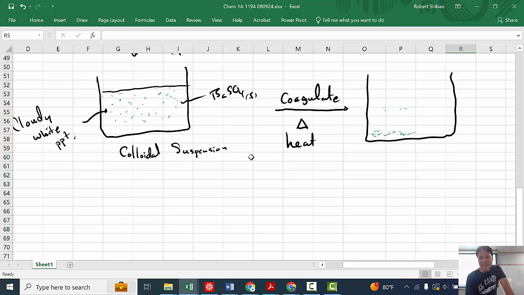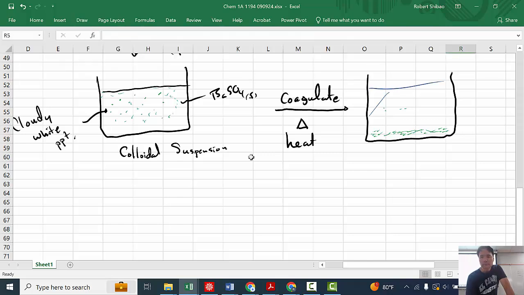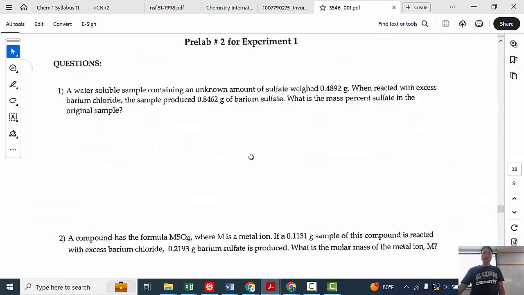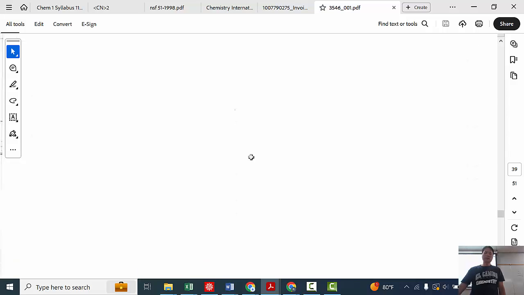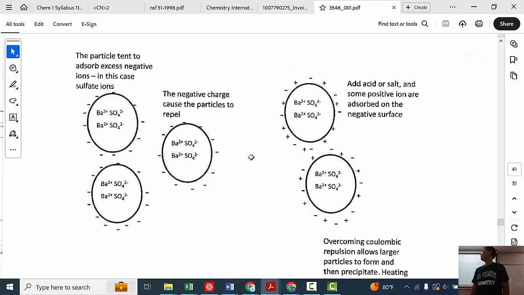And so we'll coagulate this and then clear up the solution. We have to heat it up because what happens with these colloids is, and you could read about this here, these tiny crystals sometimes build up surface charge.